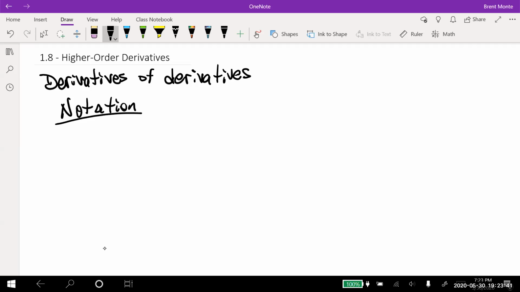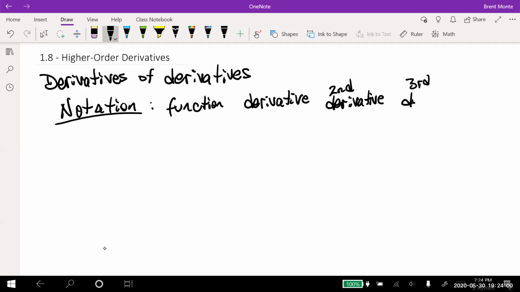So let's say we have the function, the derivative, and then what we would call the second derivative, and then maybe the third derivative. And we can go past there.